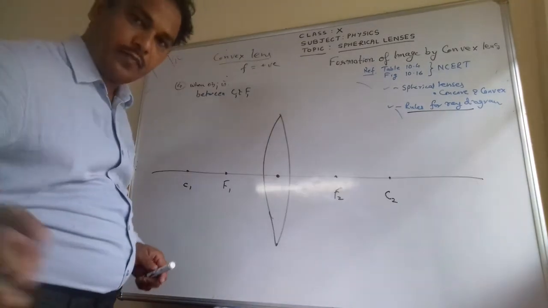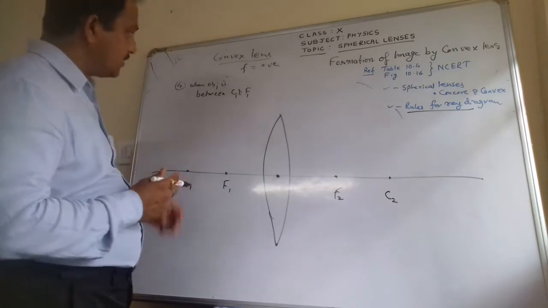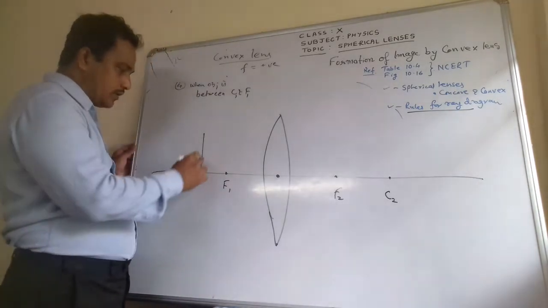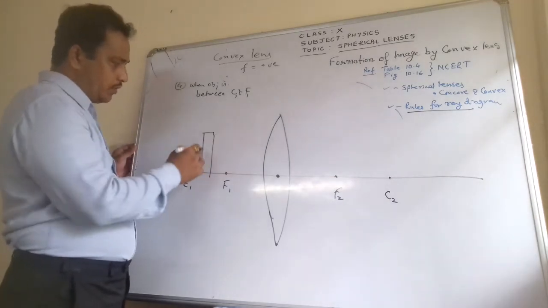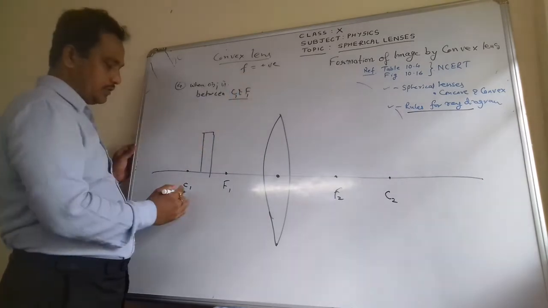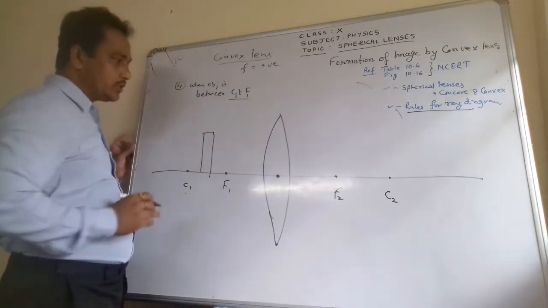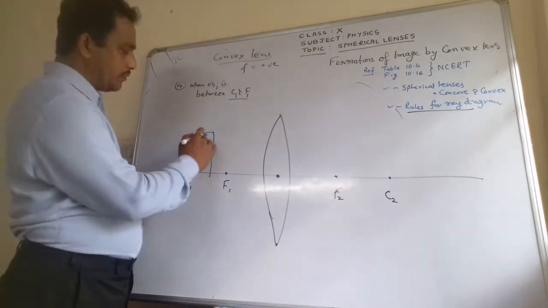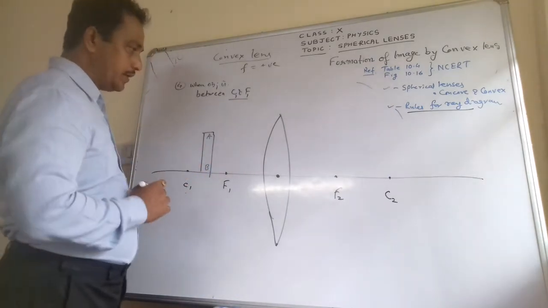So now the object is between C1 and F1. We mark it like this. This is the object, between C1 and F1. So this is point C1, this is F1. This is the fourth case. Now here, where will the image form? So let us see. Draw the ray diagram like this: this is the object AB, height.